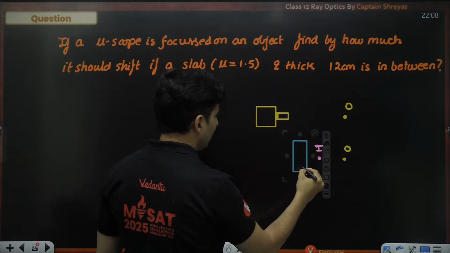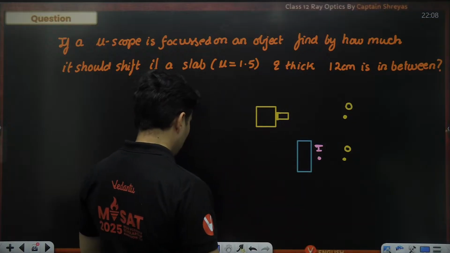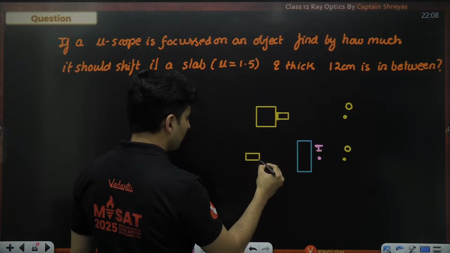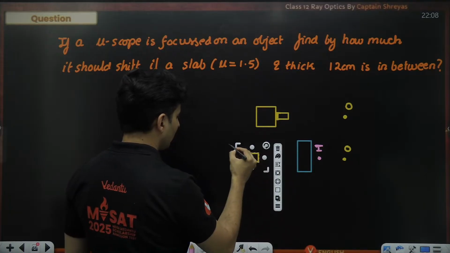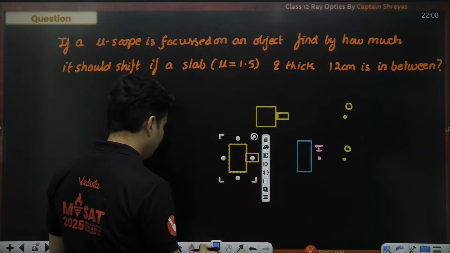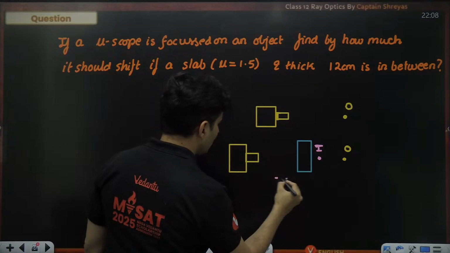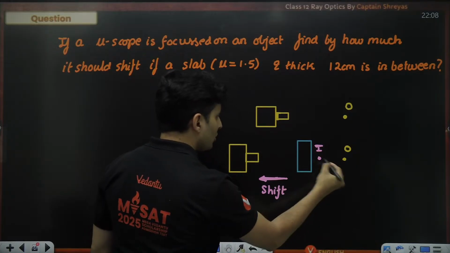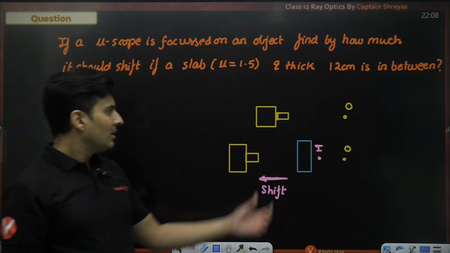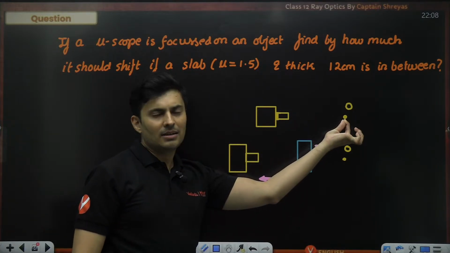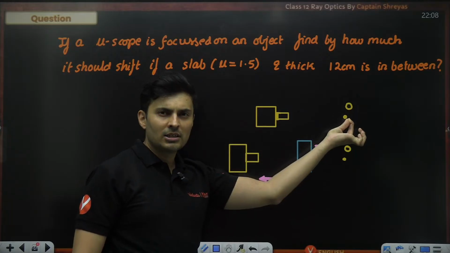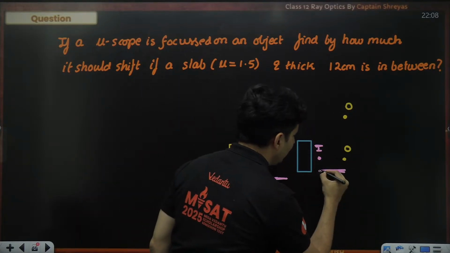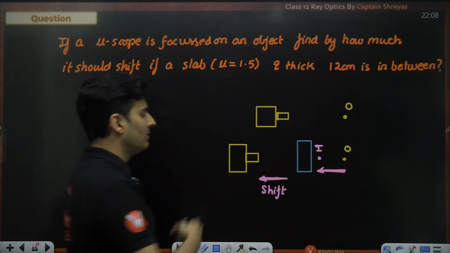So you will have to shift that microscope somewhere here maybe, behind, so that you can see that object. Without that slab, you are able to see it through the microscope here. But the moment you put a slab, the image will come closer. So whatever amount it shifts by, the same amount you have to shift the microscope.